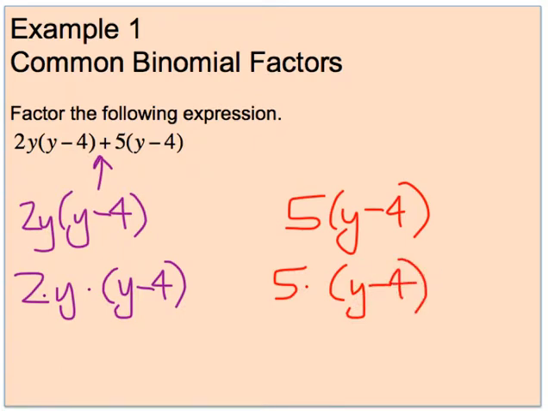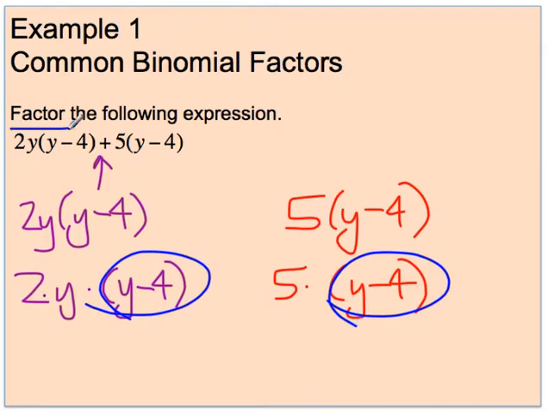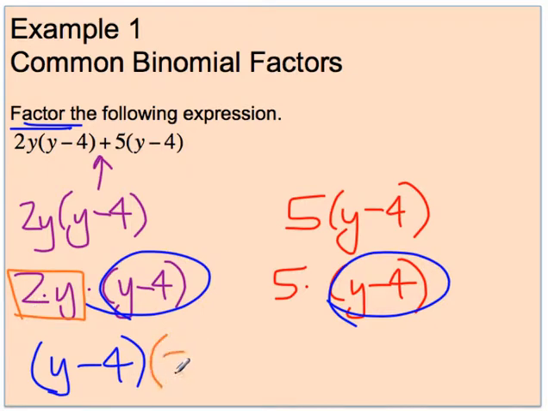So you can see, based on the previous video lecture, the only thing that these two share is this term, y minus 4. So we want to factor this term out of the equation. We want to write this as y minus 4 times whatever's left over. The leftover in this case is 2y from the first term, and this is where that addition sign comes in.